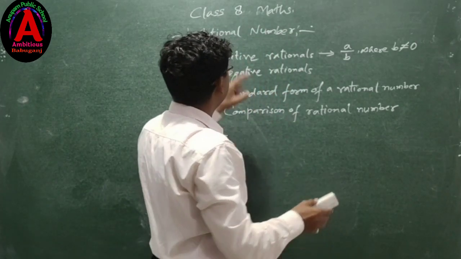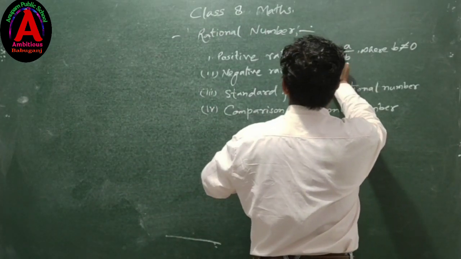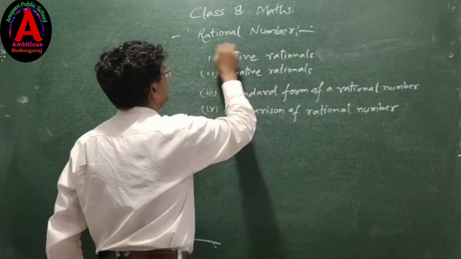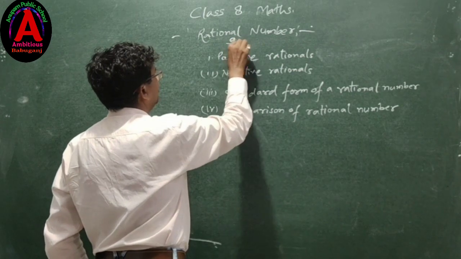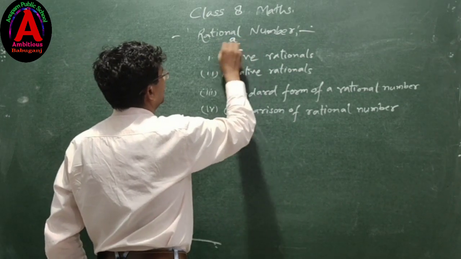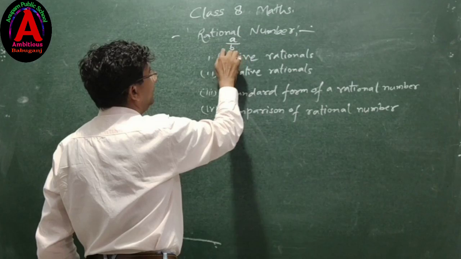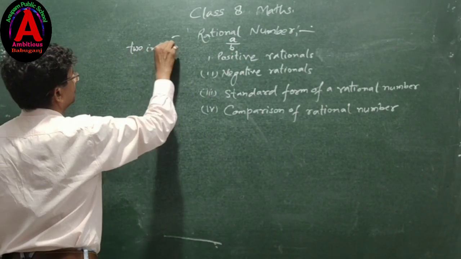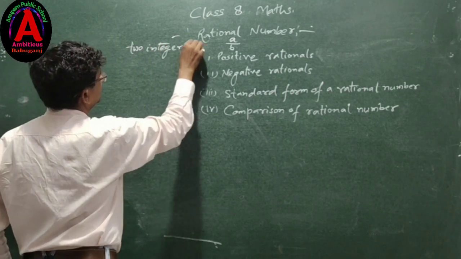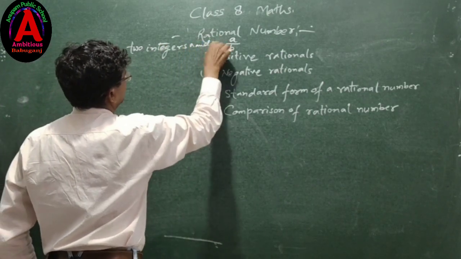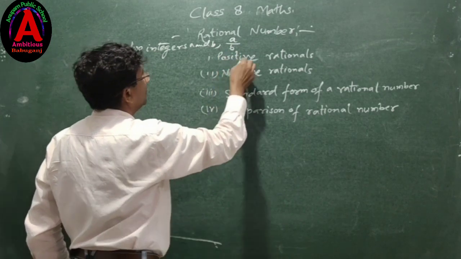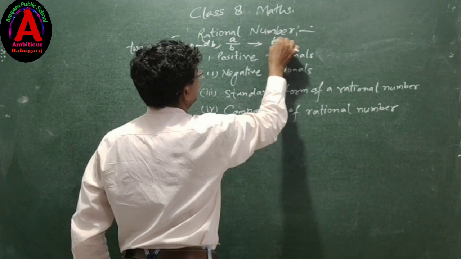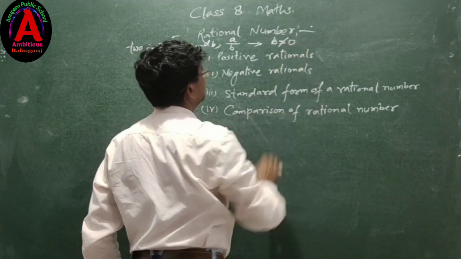This is our first topic: rational numbers. In rational numbers, a by b, where a and b are two integers and b should not be equal to 0.